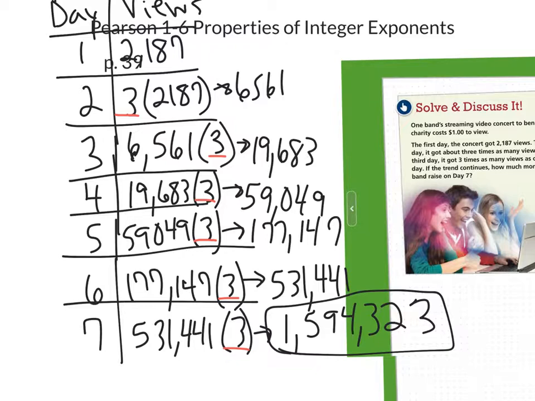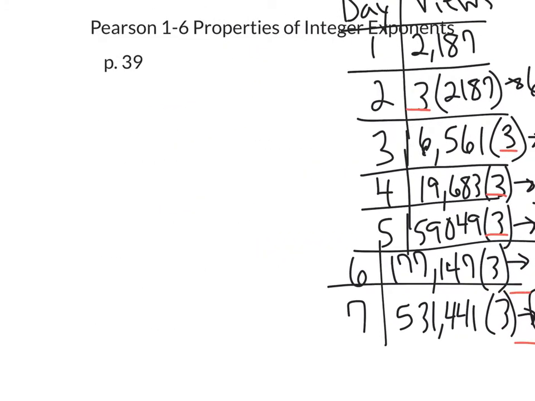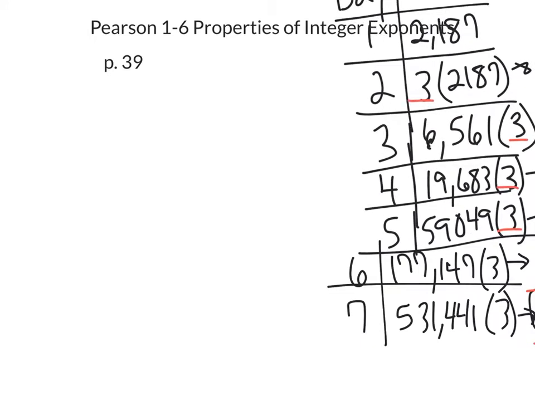Anyway, we cannot go quite to the extreme that they're trying to lead us in the book, but if you multiply by 3 6 times, another way of doing this is 2,187 times 3 to the 6th power. 3 to the 6th power is 3 times 3 times 3 times 3 times 3 times 3.